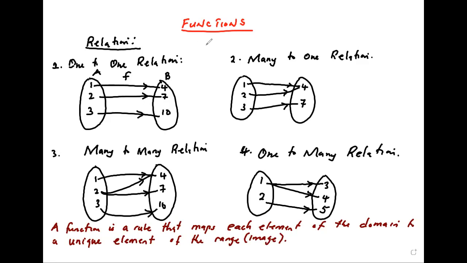A function is a rule that maps each element of the domain to a unique element of the range or image. Unique.